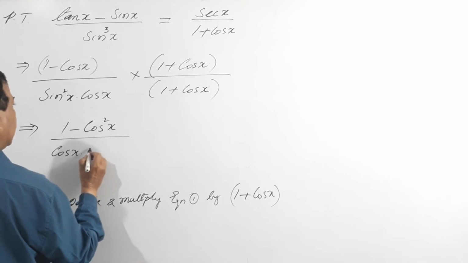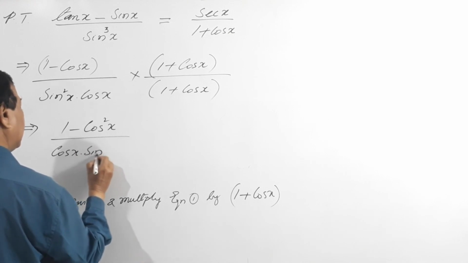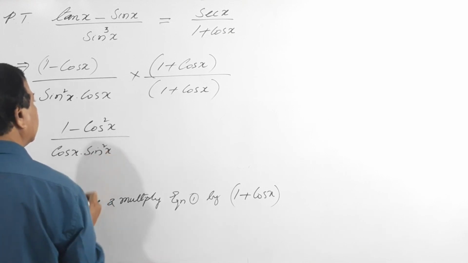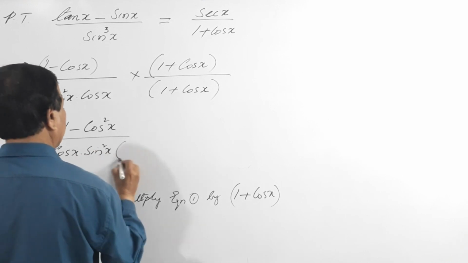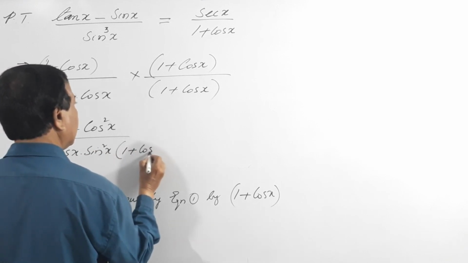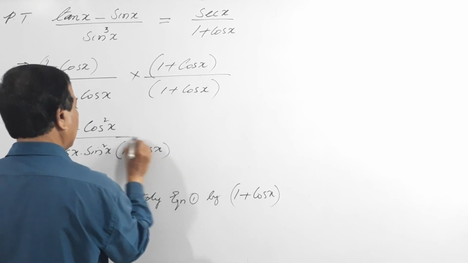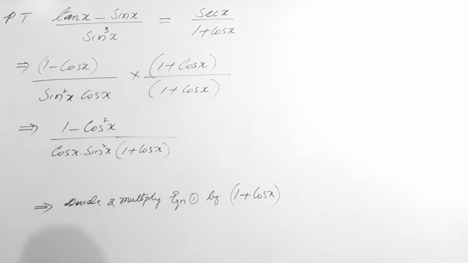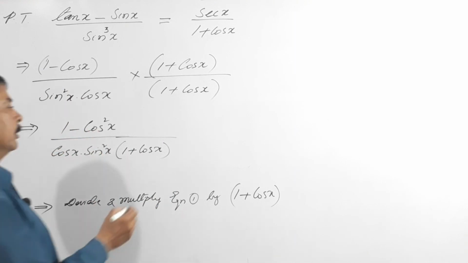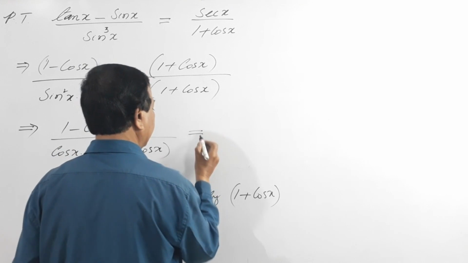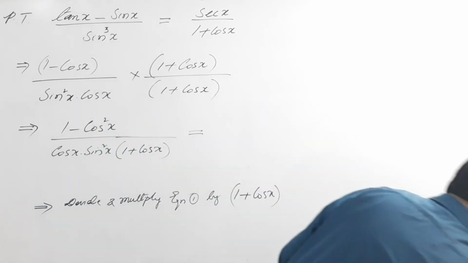So I am left with what? Sin square x into 1 plus cos x, right? Now what is 1 minus cos square x? Can I write this as sin square x? Yes sir.